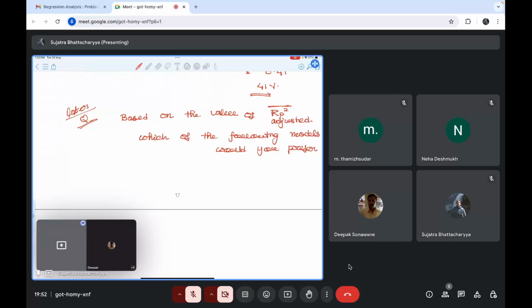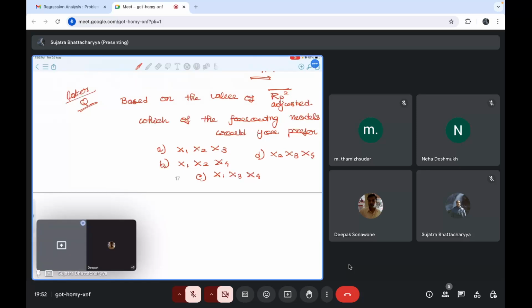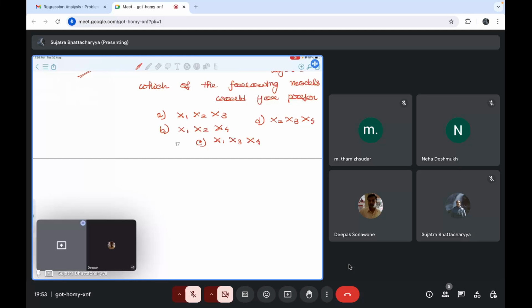Okay, let's do them. The options are A: x1, x2, x3; B: x1, x2, x4; C: x1, x3, x4; and D: x2, x3, x4. So you have to calculate each and every case and tell me which one will be the most preferred model. Okay, you can do it later. You can come next Tuesday, and in the starting maybe we can discuss whatever result you have got.